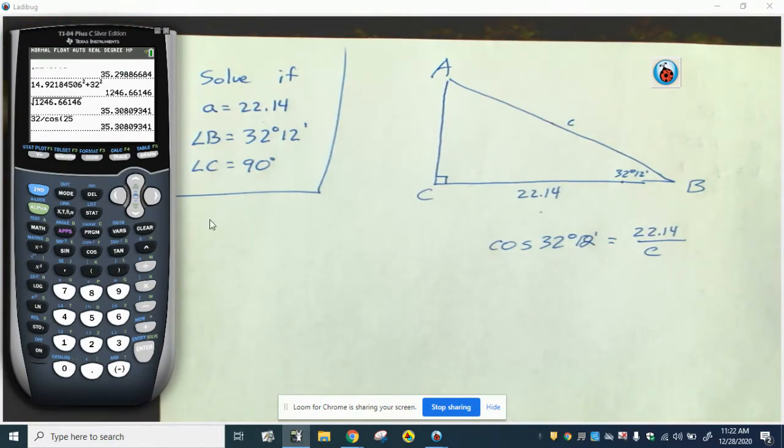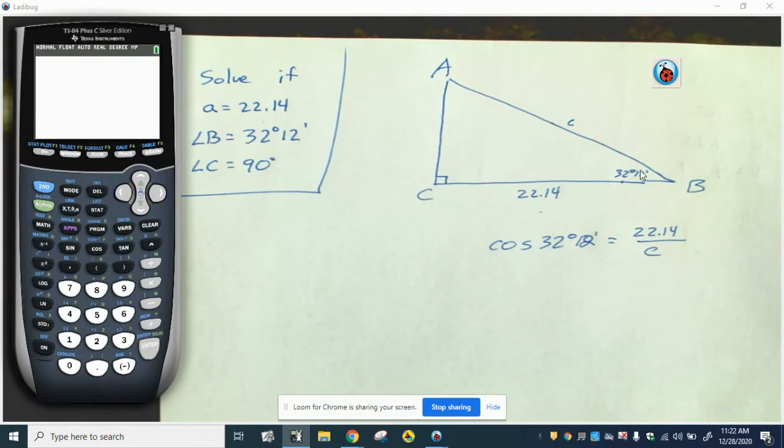Oh, by the way, to find that missing angle, again, it's just subtraction. Remember, there's 60 minutes in a degree, so it's kind of like a times subtraction. By the way, your calculator can handle this. You don't even have to put the degree symbol on the 90.